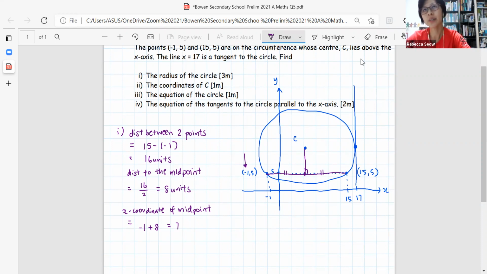So the x-coordinate is 7 here. That makes the x-coordinate of the center 7.